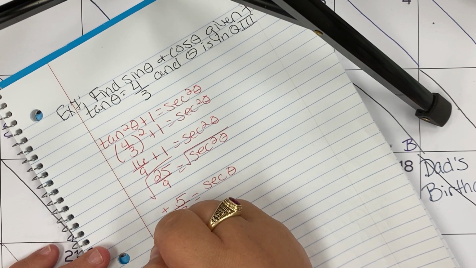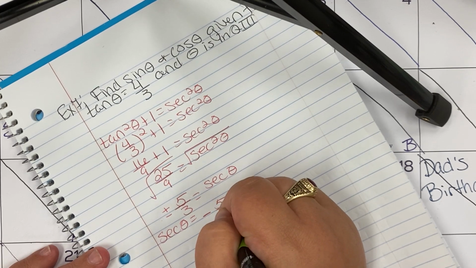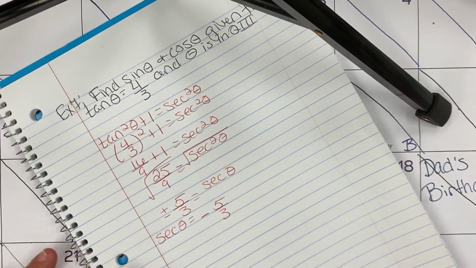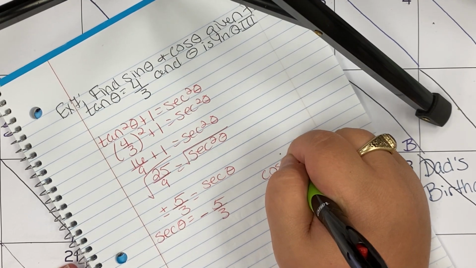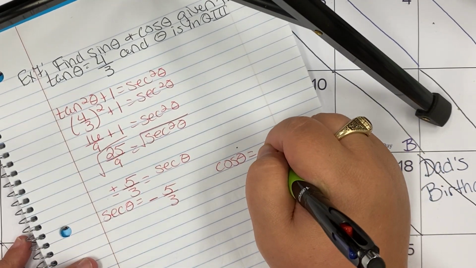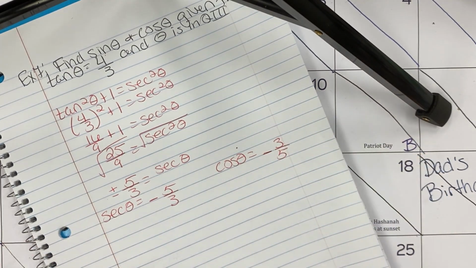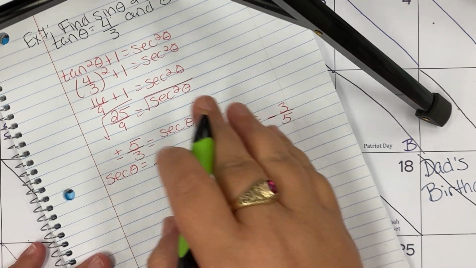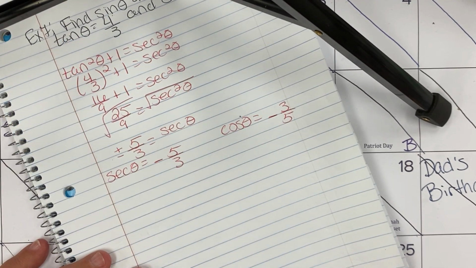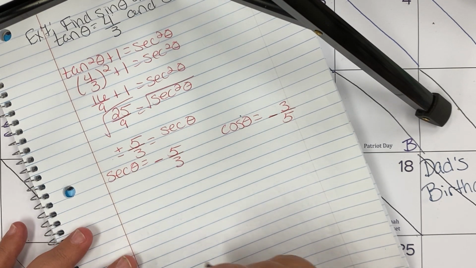So secant theta is going to equal -5/3. But I don't need secant theta. I need cosine. So remember, cosine is a reciprocal, so cosine is going to equal -3/5. So now I have a cosine value and a tangent value. I can go ahead and find sine.